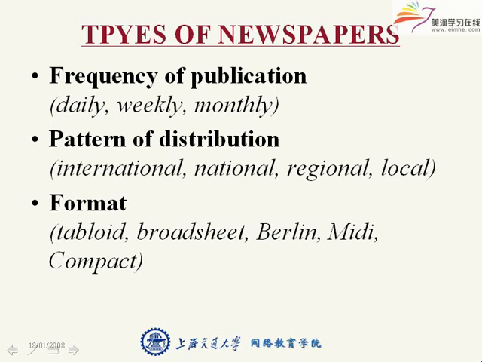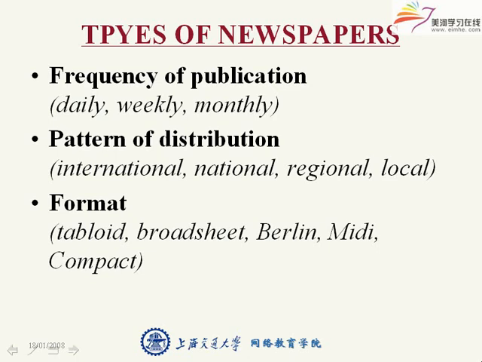Some are weekly, especially in Great Britain, they have Sunday papers, and they are really thick. You have the Daily Telegraph, but they have a special edition on Sunday, and of course this appears only weekly. And then we have some monthly papers, and these papers that appear monthly will be, of course, very specialized papers, right? So there is not so many news. This might be, for example, papers for doctors.